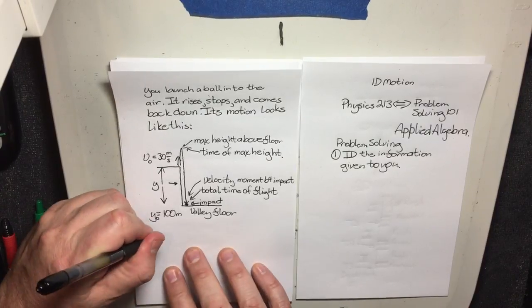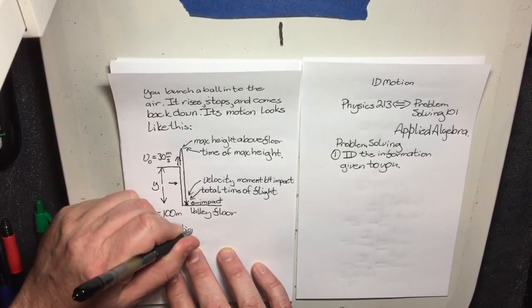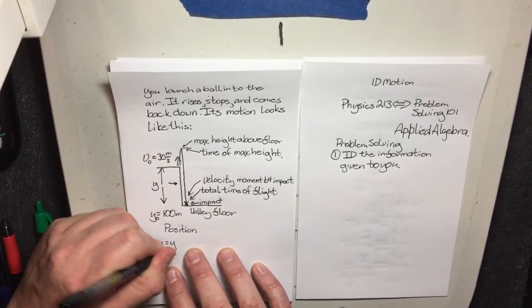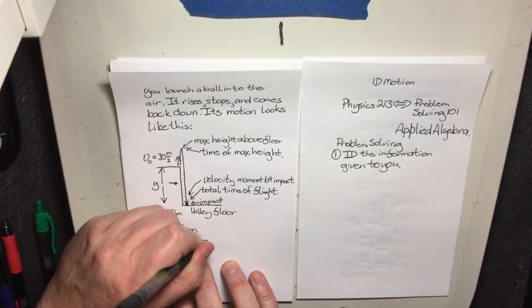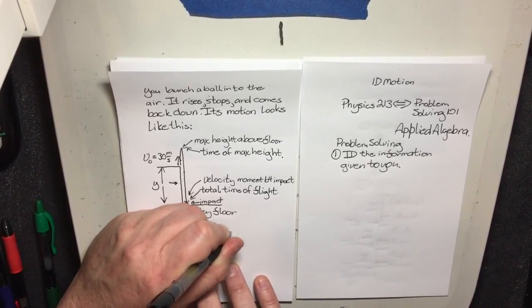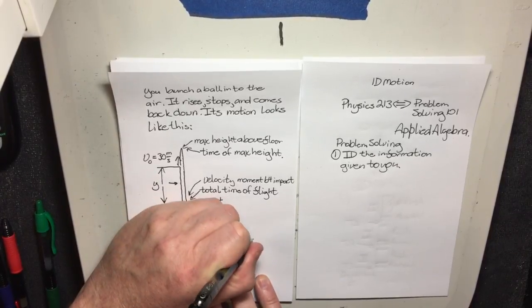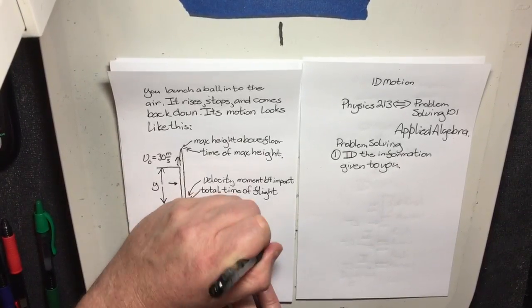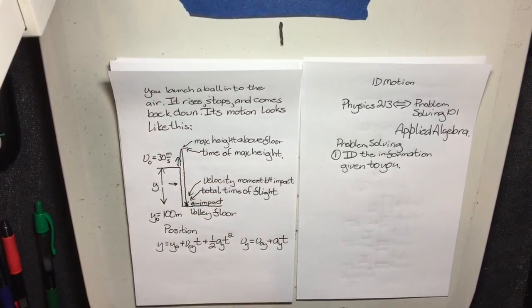They are, for position, y equals y naught plus v naught y t plus 1/2 a y t squared, and v y equals v naught y plus a y t.